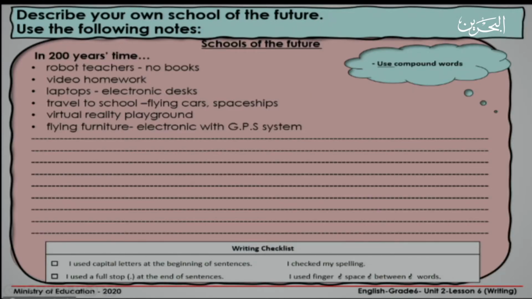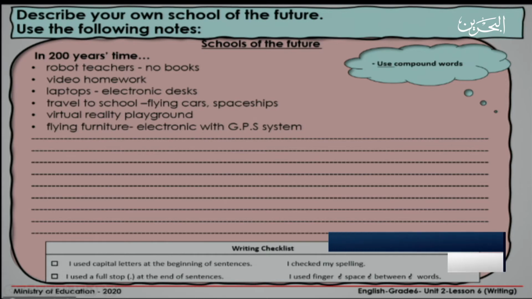For this task, you need a pen and a paper or a marker and a mini board so that you can write. Let's read the question together. Describe your own school of the future. Use the following notes. Schools of the future. In 200 years' time.